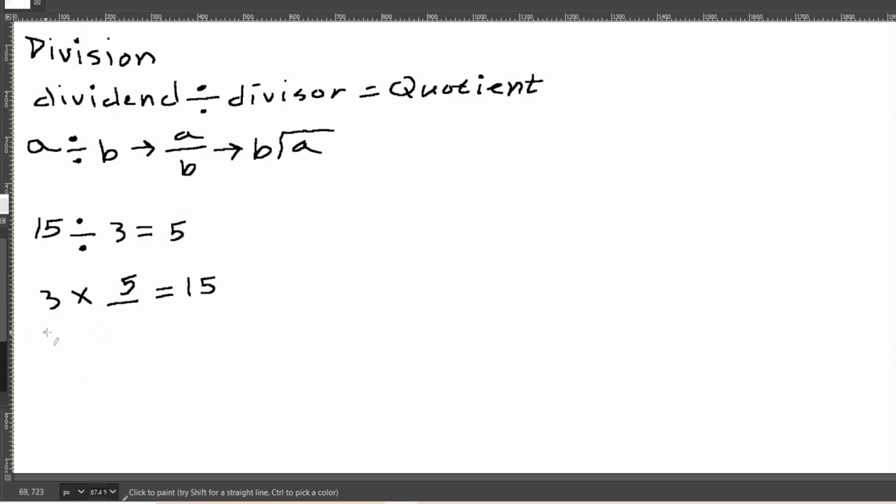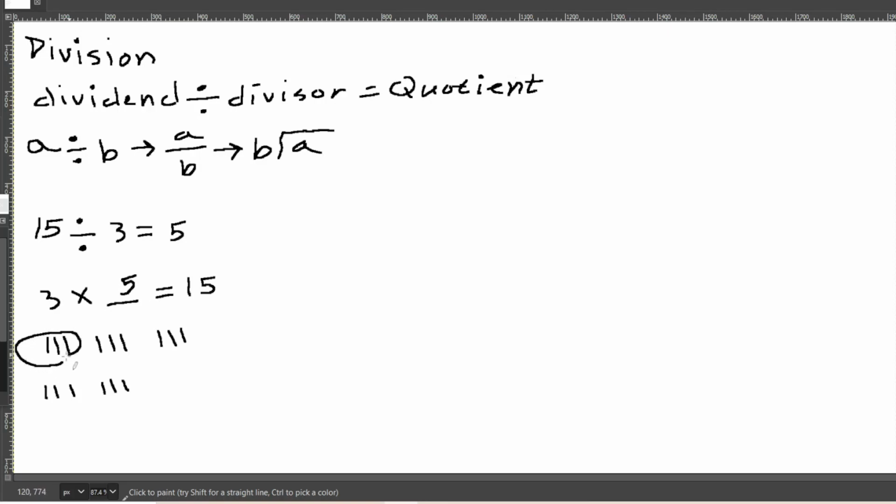Now I could represent this in a picture. Of course, it's not going to be a very fancy picture, but I got to go up to 15, right? 1, 2, 3, in groups of what? 3, right? That's the divisor, so that's what I'm dividing by. 1, 2, 3. So that's 6, 7, 8, 9, 10, 11, 12, 13, 14, 15. And you might say, well, where does the 5 come into play?